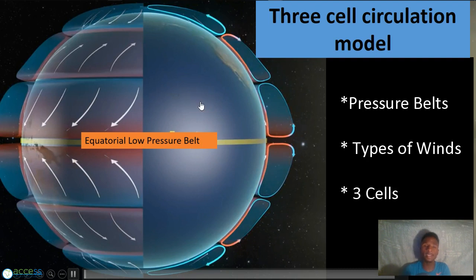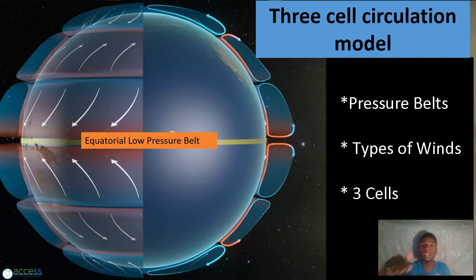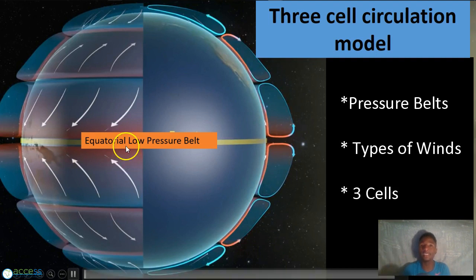The warm air is fluid, it will rise, and when it rises, it creates a low pressure belt, since it's light. So it causes this equatorial low pressure belt.